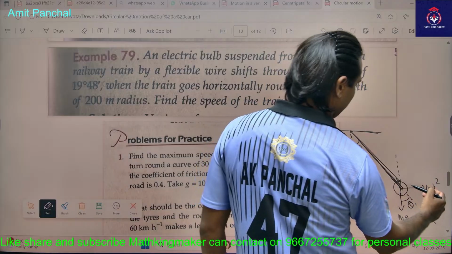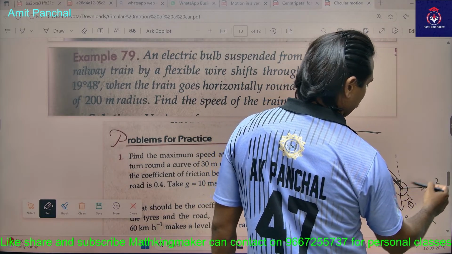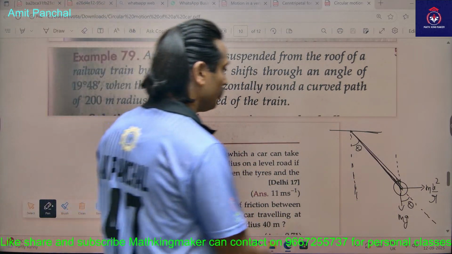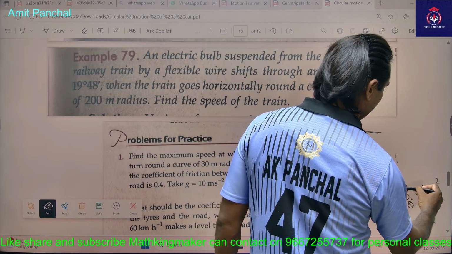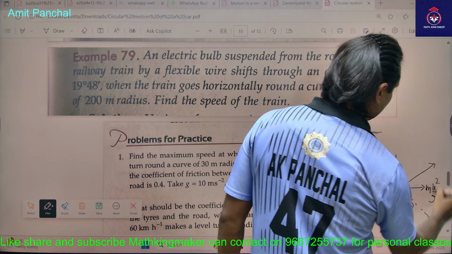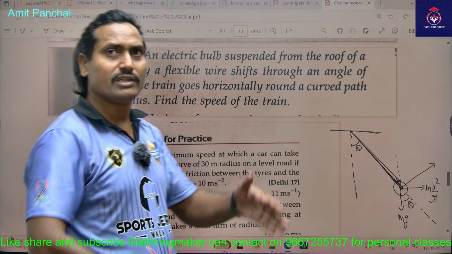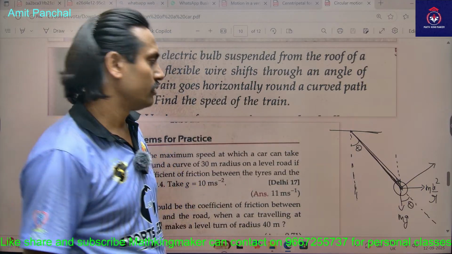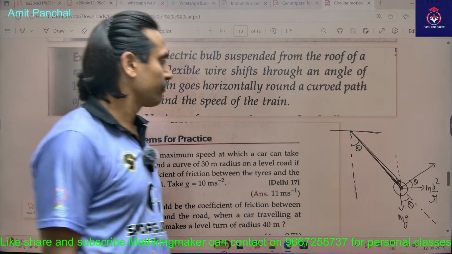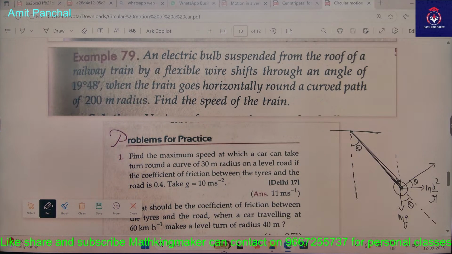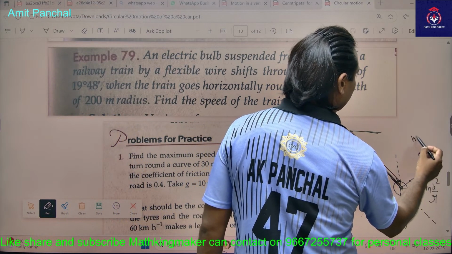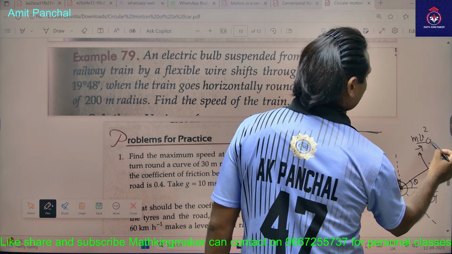If we take a perpendicular to mg, that component will become mv square by r cos theta.